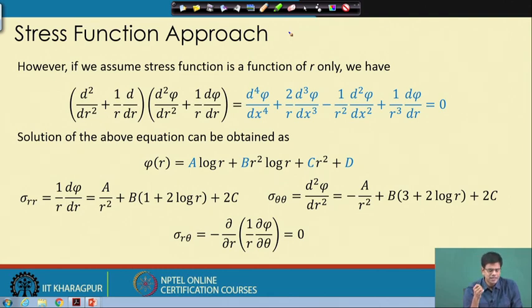However, if I assume that phi is a function of r only, that means all terms related to theta, the derivatives with respect to theta, will vanish.